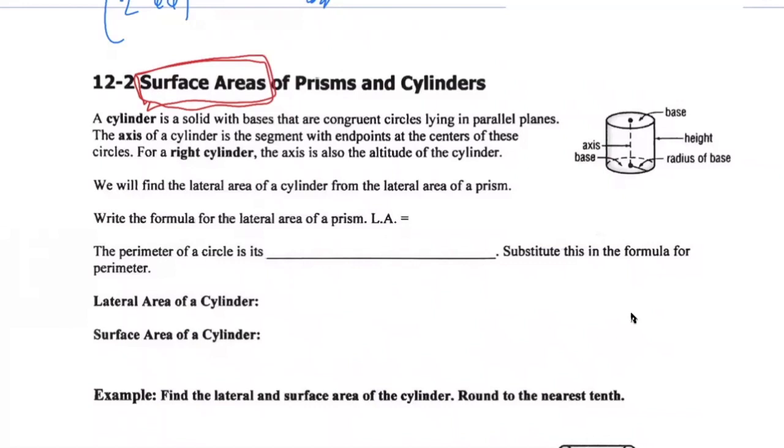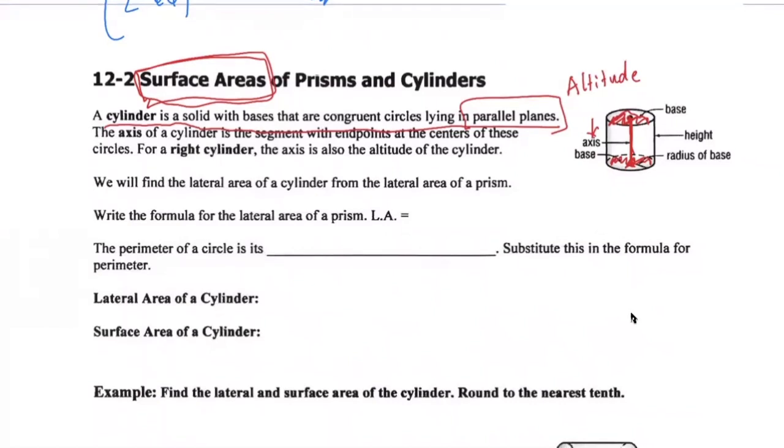The axis can also be called the altitude of your cylinder, specifically for a right cylinder. And just a reminder, when we say right cylinder, that's because it's standing upright. When we say something's right angle, you measure it perpendicular to the ground. Hopefully that helps you out.